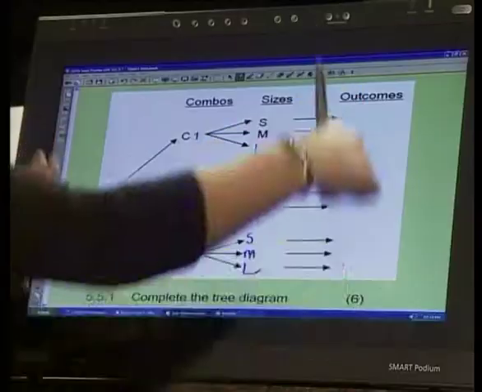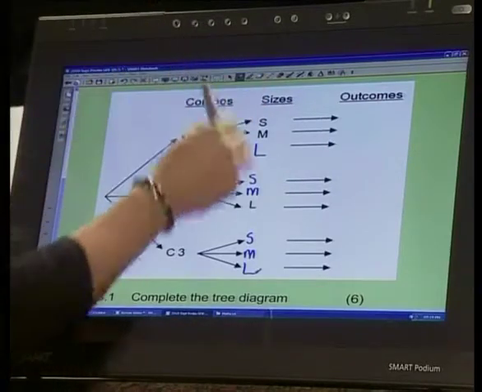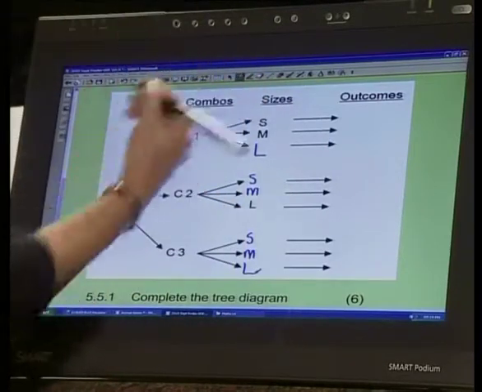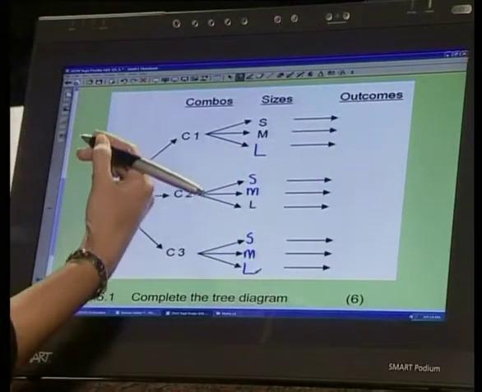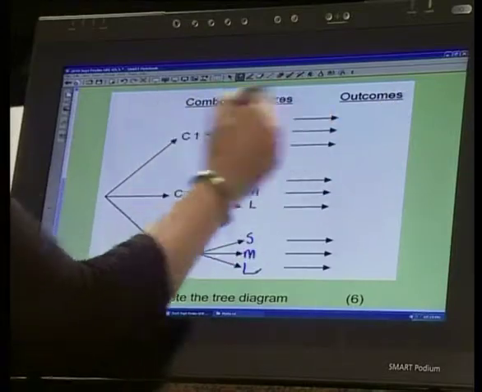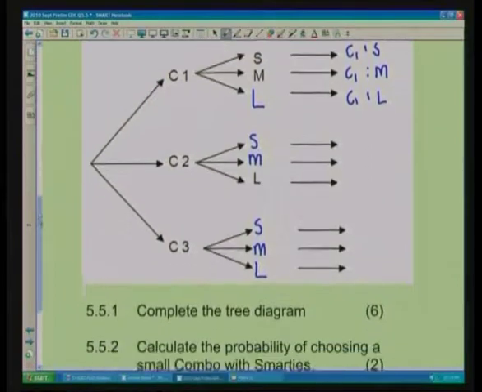For the outcomes that I'm going to fill in, I'm simply using the abbreviated symbols that they've used in the tree diagram. They often give you the symbols instead of having to write out big long words in order to complete the outcomes on the far right hand side. So for my outcomes, I'm dealing with combo 1, and it's coming in a small size, in a medium, or in a large. Then I'm going to do the same thing for the other 2 combos.